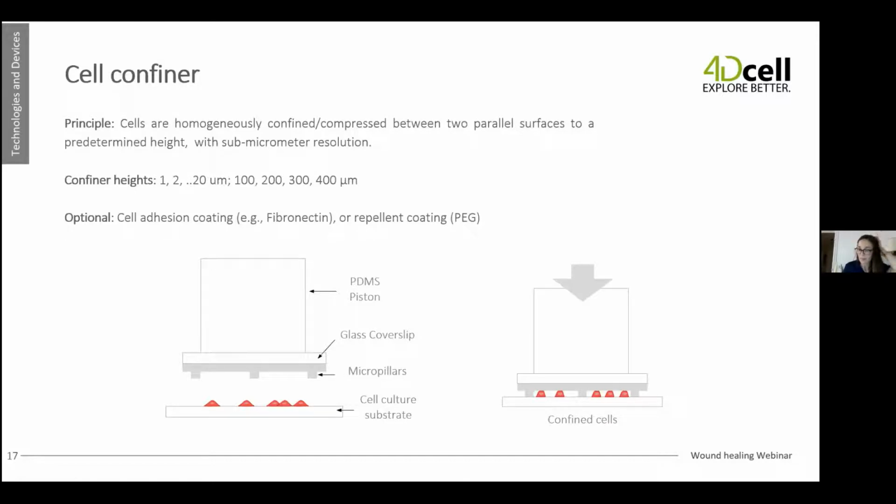And we thought about this, the cell confiner for the wound healing, because, for example, if you're interested in studying at the single cell level, the confiner is really good in that sense.